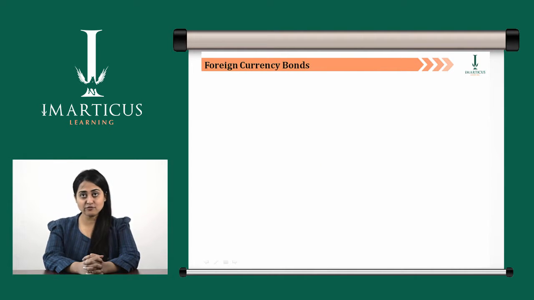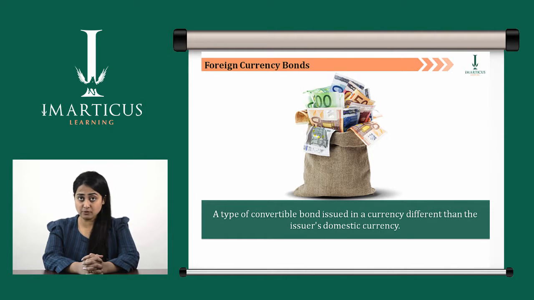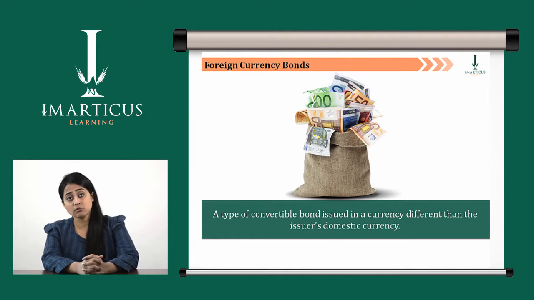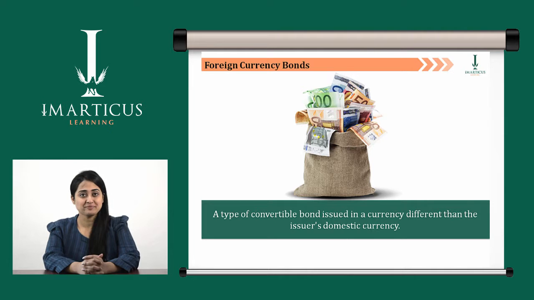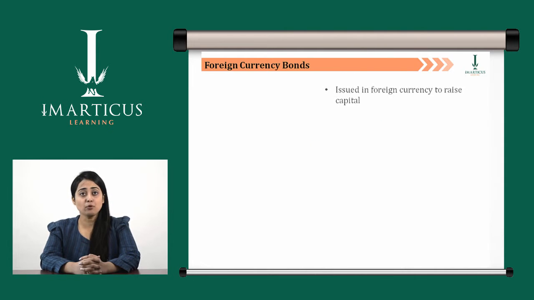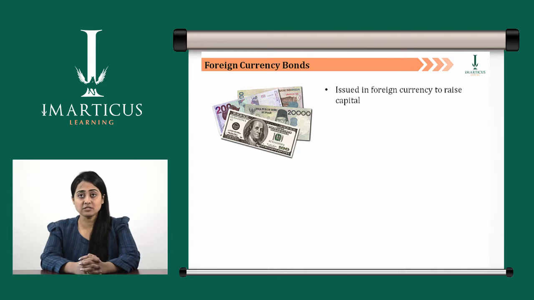Moving ahead, we have foreign currency bonds. A foreign currency bond is a type of convertible bond issued in a currency different than the issuer's domestic currency. In other words, the money being raised by the issuing company is in the form of a foreign currency. Foreign currency bonds are issued by governments, companies and large corporate entities in a foreign country to raise capital.